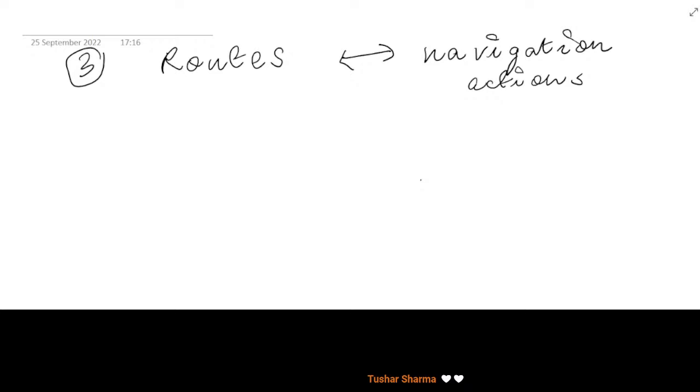So the number here corresponds to the route. So when we tell a nav controller to go to a certain route, our nav controller would help us to navigate to that route, and the nav host would show the corresponding screen to that route.